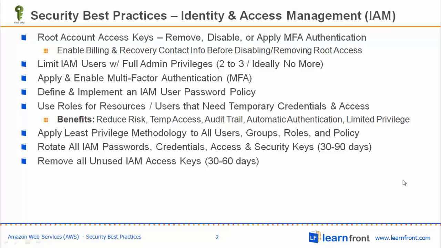It's advised to use roles for various resources that can provide temporary access and credentials to be able to do various things, rather than storing any kind of access keys or secure access keys into API calls or those sorts of things. It's generally advised to create a role, associate various permissions to that role, and then apply that role to the EC2 or other associated resource that might need that role and associated access.